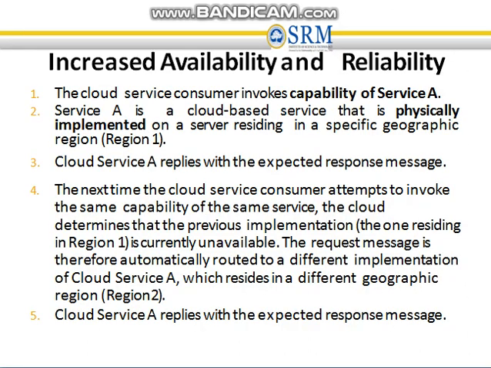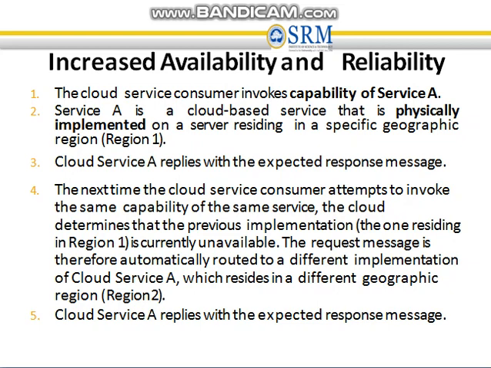Similarly, whenever the cloud service consumer wants the service of service A, it attempts to invoke the same capability of the same service. If the cloud is currently unavailable, then the request message is automatically routed to a different implementation of cloud service A, which resides in a different geographic region.